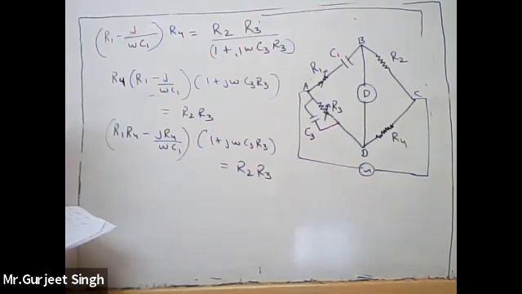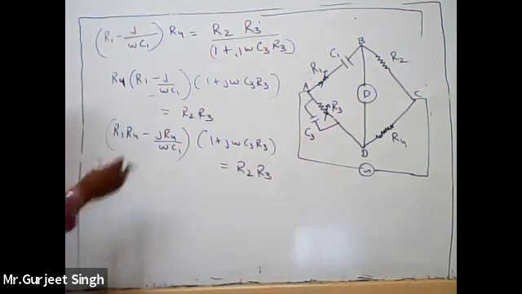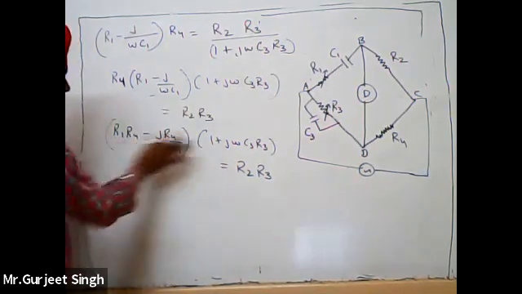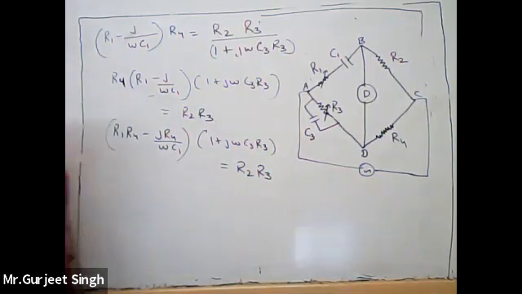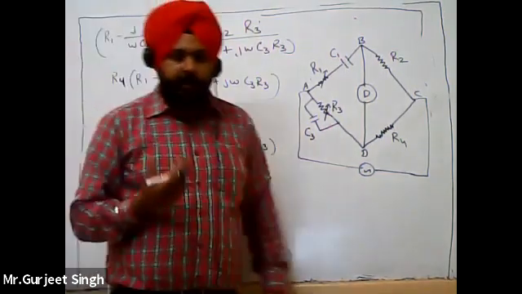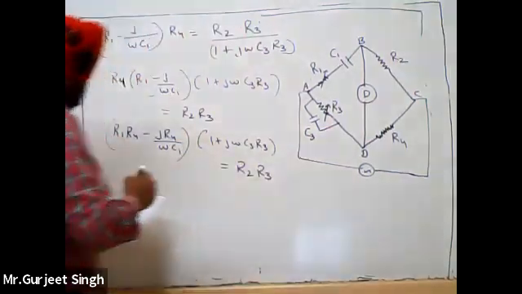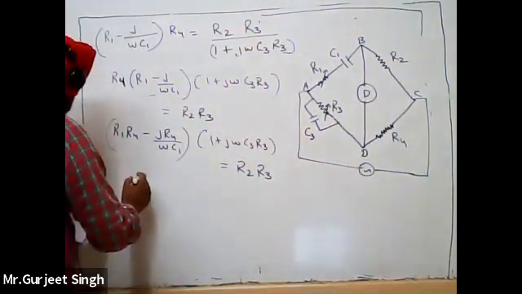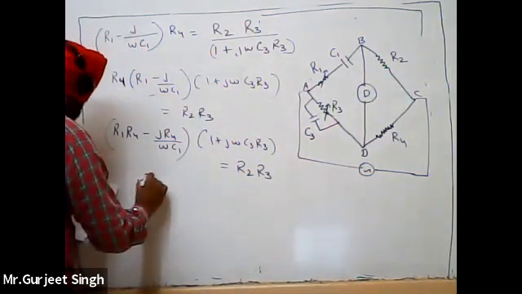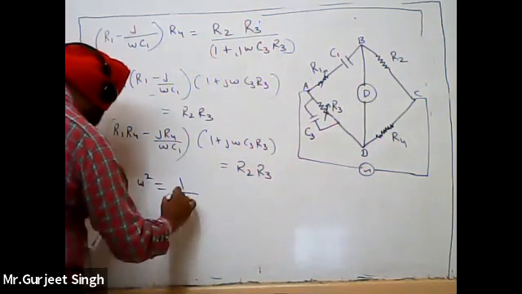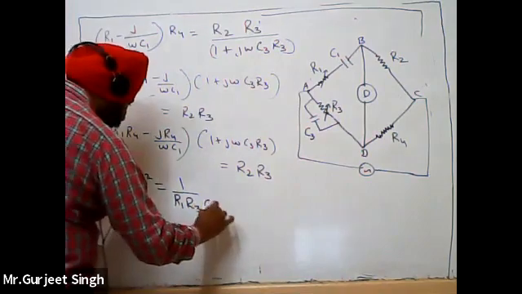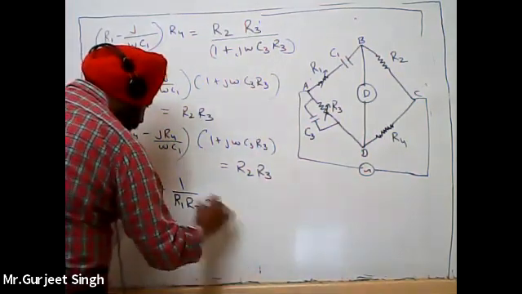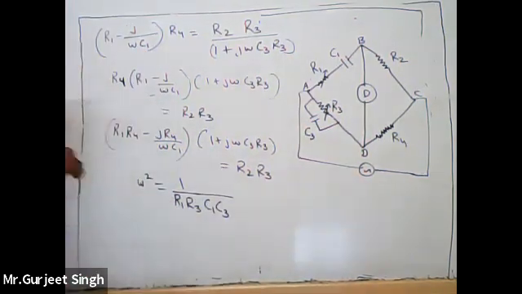Now we multiply again with the other bracket and separate the real and imaginary parts. Then you will get the equation omega square is equal to 1 upon R1 R3 C1 C3.